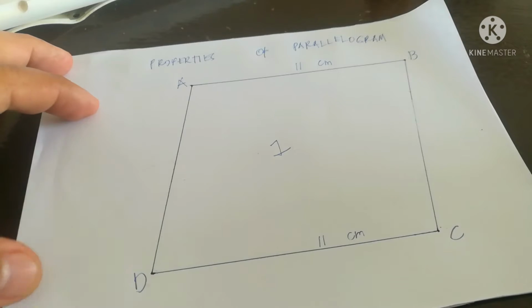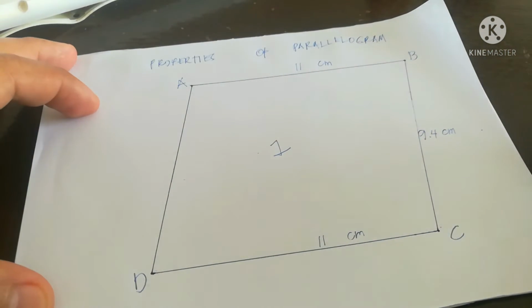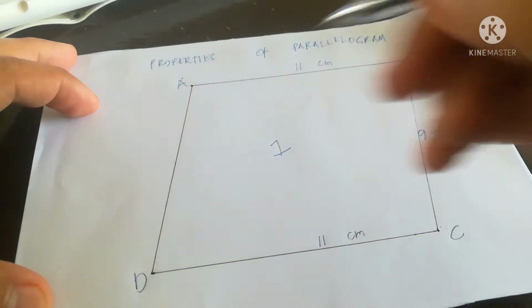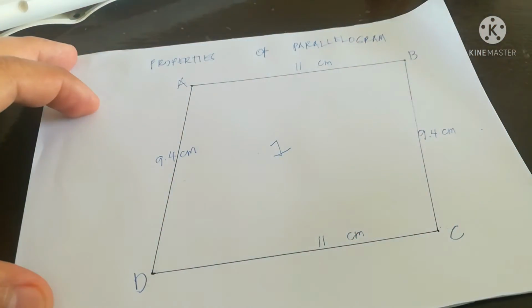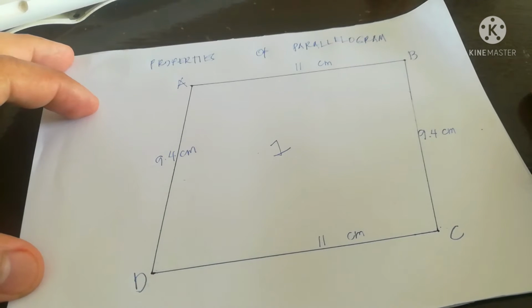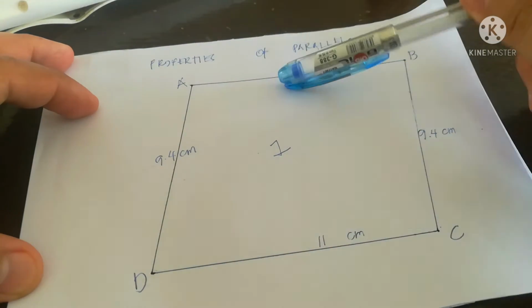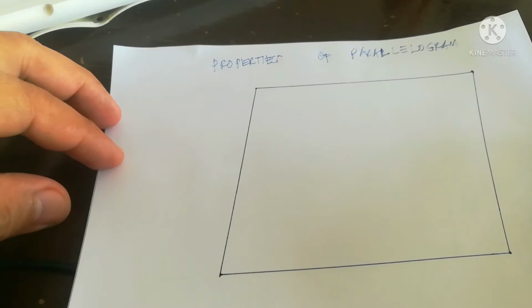If side BC is 9.4 centimeters, the opposite side of side BC is also 9.4 centimeters. Parallelogram property number 1: in a parallelogram, any two opposite sides are congruent.